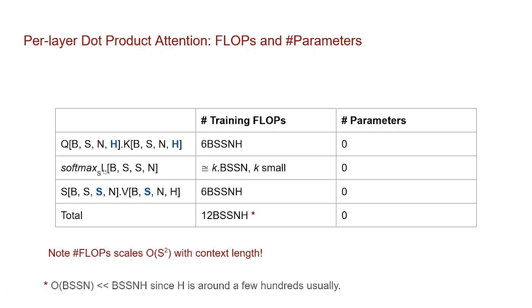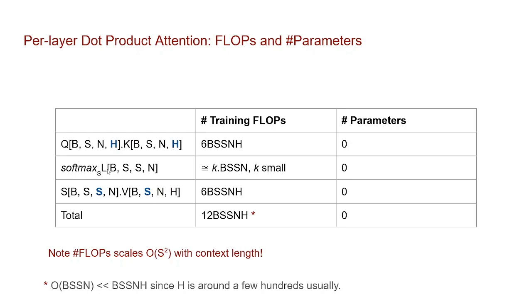For this, when we do softmax, basically we consider one particular token in this dimension, and then we apply softmax over all the tokens in this dimension. And for this one, the number of training flops is actually a small constant times the number of elements in this tensor.